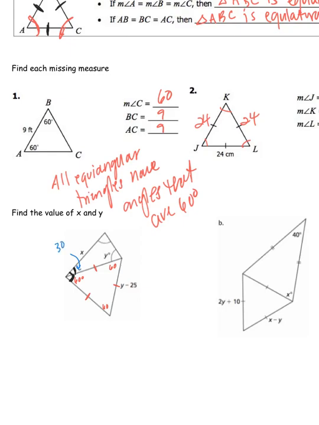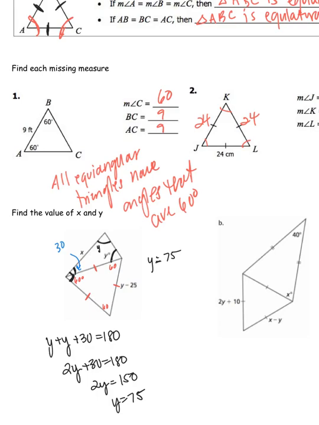So we can go ahead and figure out y, because this angle is congruent to this angle. If this is y, and we know that the three angles in a triangle equal 180, then 2y plus 30 equals 180, 2y equals 150, so y equals 75.